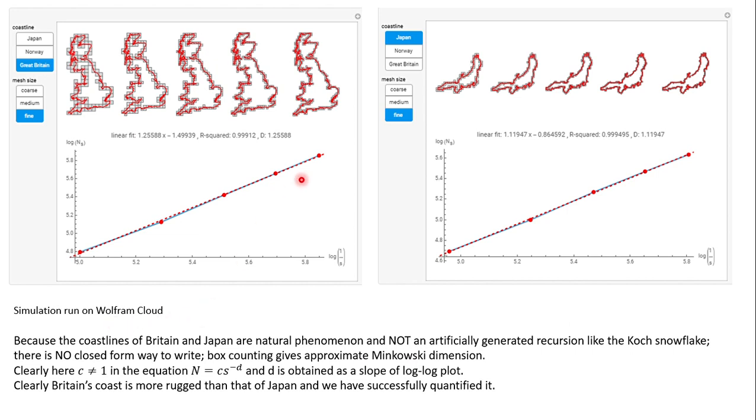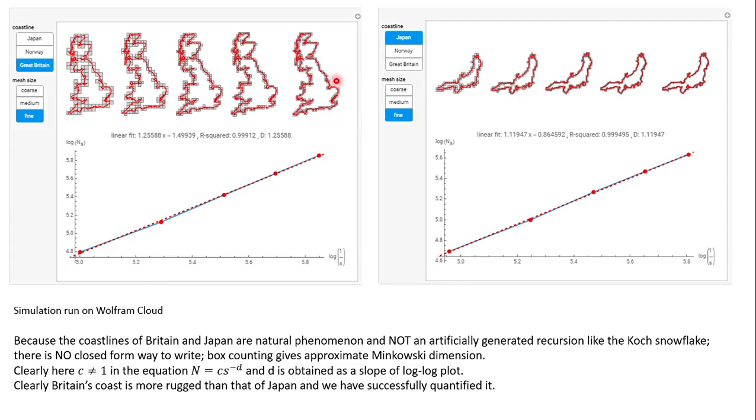These are the simulations run on Wolfram Cloud. It packs the British Isles with fine boxes, and it packs Japan with fine boxes, and it turns out that on a log-log plot, the slope for Britain is 1.255, and for Japan it is 1.119, which essentially is a measure of ruggedness.